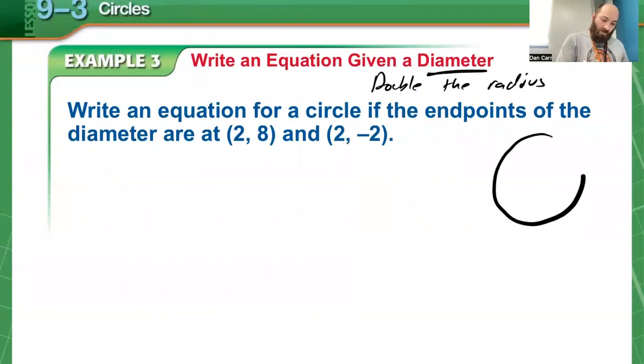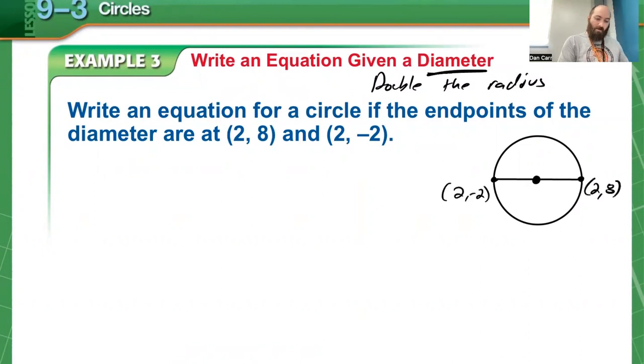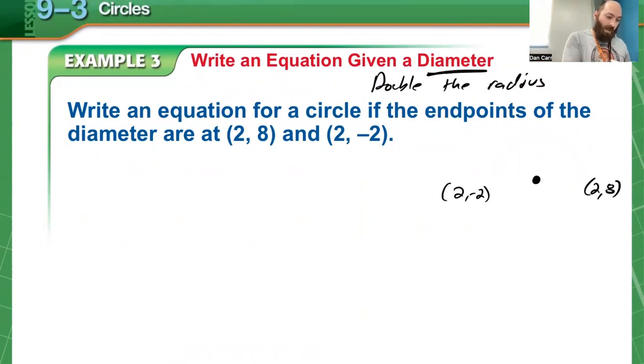So by definition, the diameter has to pass through the center. Let me model it real quick. I've got, let's say, (2, -2) and (2, 8). It could be more tilted, but you get the idea. Actually, I might as well do it this way.